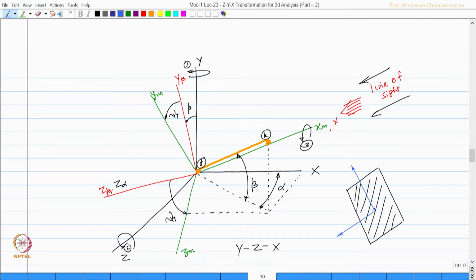This is going to be my y m axis, this is going to be my z m axis.